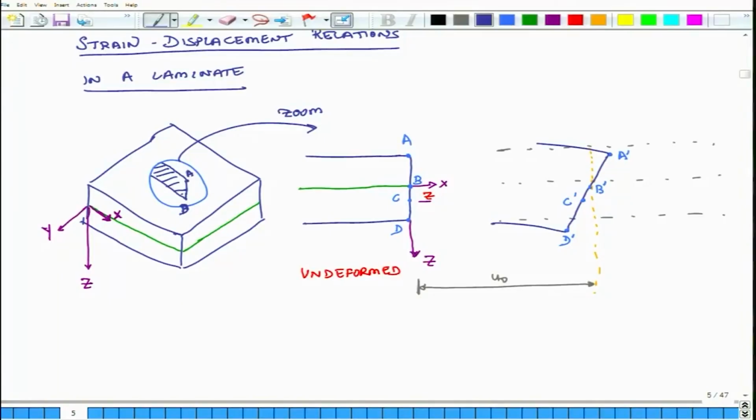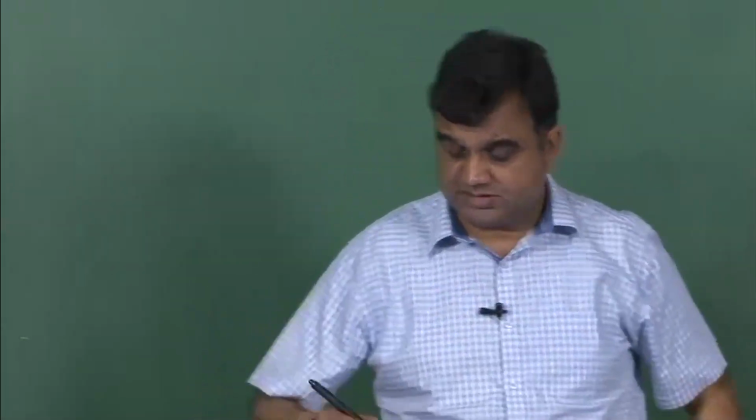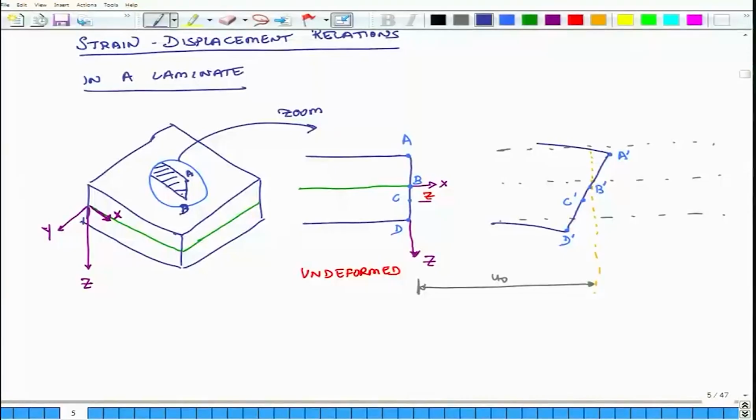Three things have happened, not just two. I have pulled the plate in the u direction, in the x direction, I have rotated it, and I have also pushed it downwards. Otherwise, this B prime would lie on the original mid plane line, but now it has gone down.